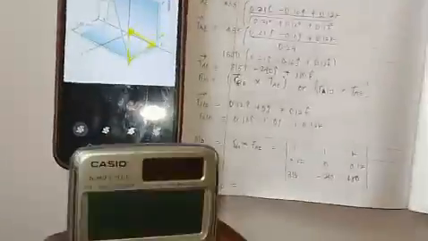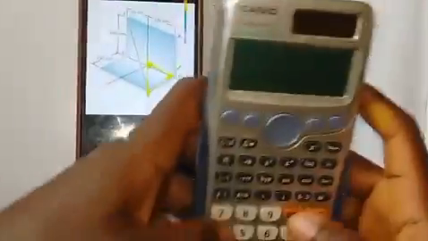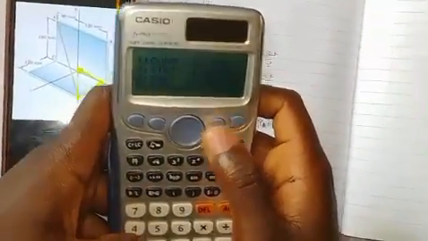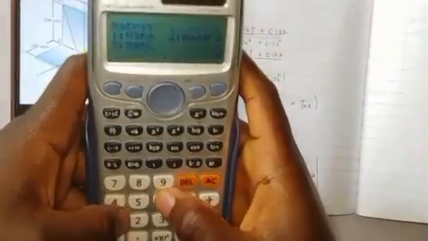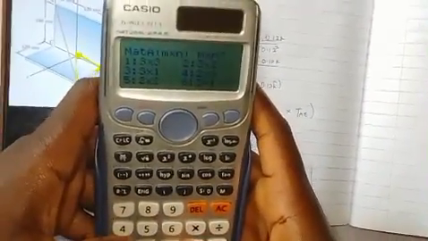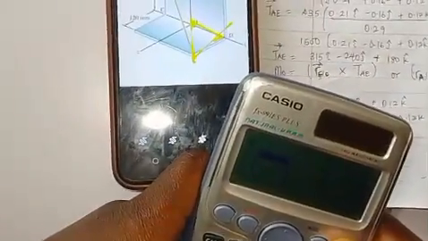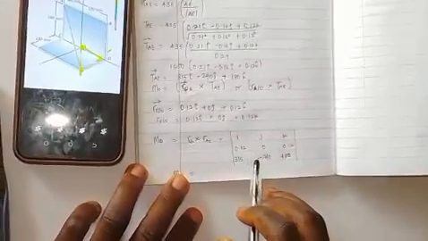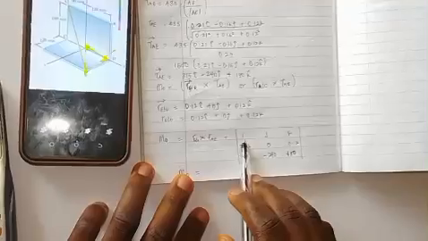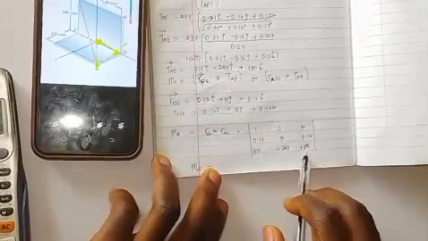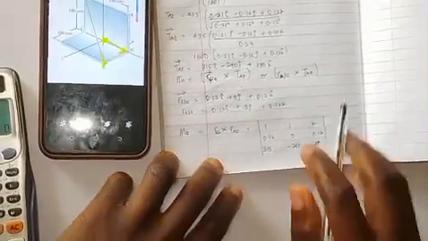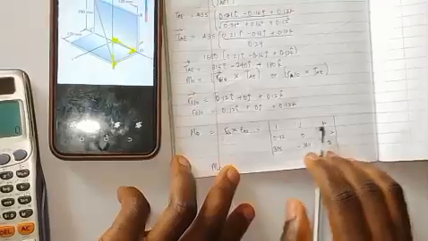So let's use the calculator to calculate the determinant of this particular matrix. So let's set this, shift mode 6, then matrix 3 by 3. Okay, sorry. So we look for this determinant, but not in matrix form, because this is in vector form. We are dealing with scalar products.